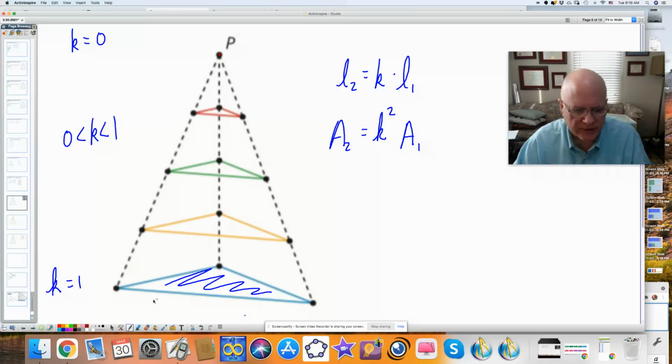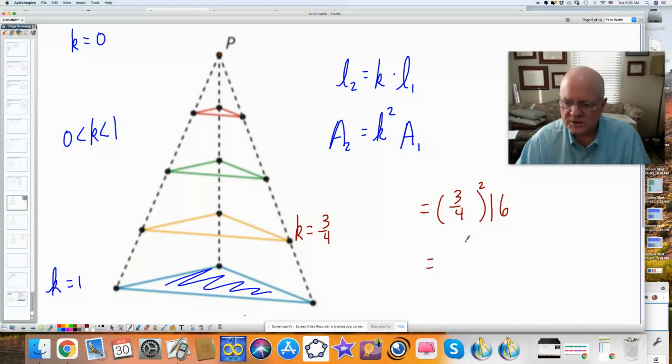If my scale factor is 3/4, and my original area was 16, so if I do 16 times 3/4 squared, what do I get? Well, 3/4 squared is 9/16, times 16, and this is equal to 9.